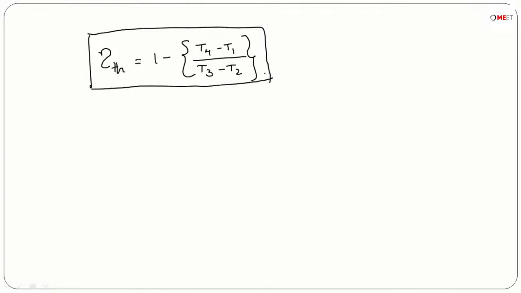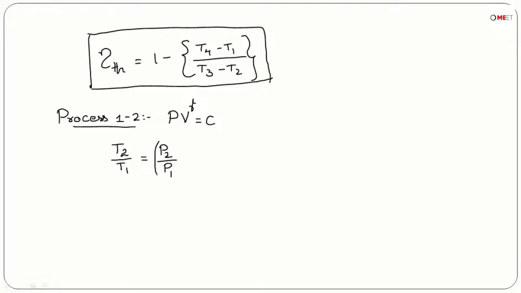Now let us get this same thermal efficiency in terms of pressure ratio. Now for that, let us consider process 1 to 2. If we consider process 1 to 2, this is isentropic compression, so it obeys PV^gamma equal to constant. Now from this we can write T2 by T1 is equal to (P2 by P1) to the power (gamma minus 1) by gamma.